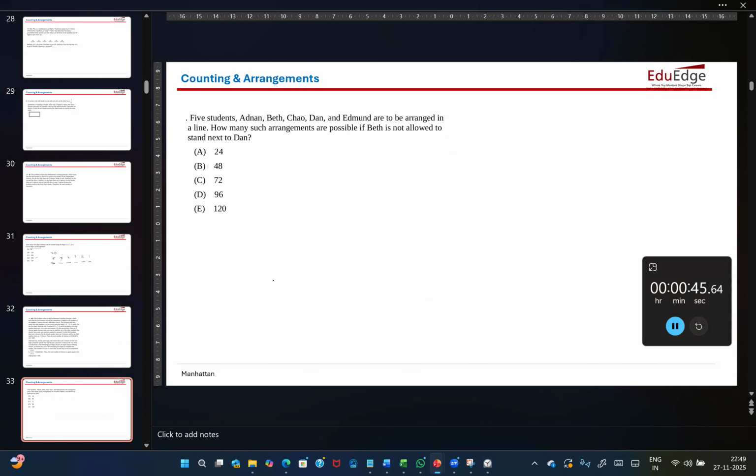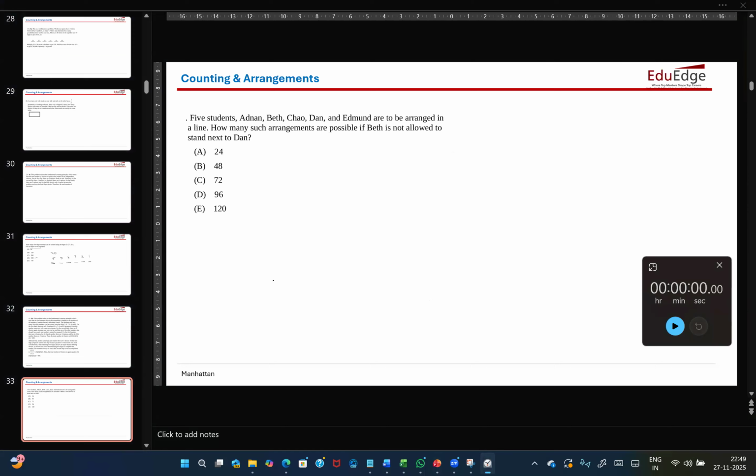Good. Next. Students are arranged in a line. Beth is not allowed to stand next to Dan. So 1, 2, 3, 4, 5. So actually, there are 4 combinations. 1 minus 4 combinations, actually.